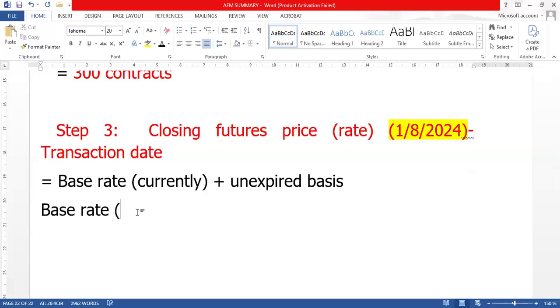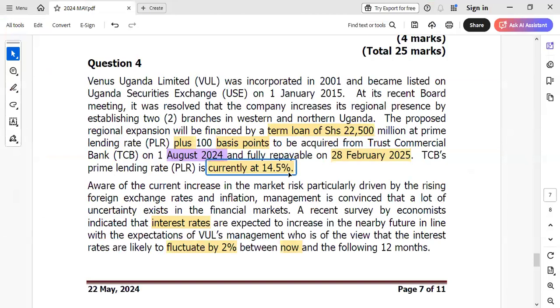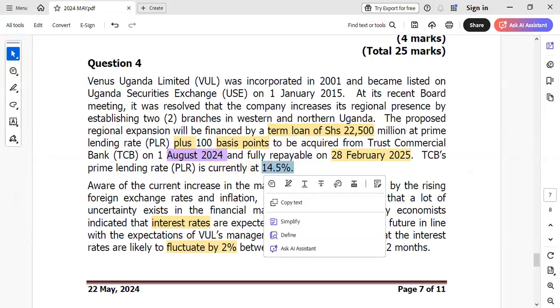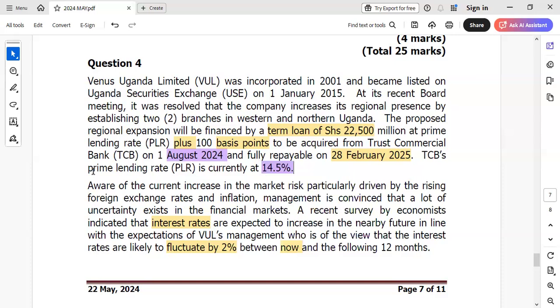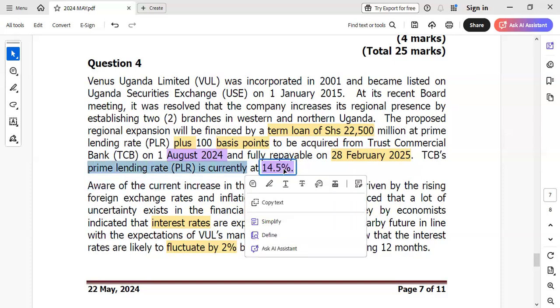The prime lending, the current futures price. Currently, the rate is this. Do you agree?